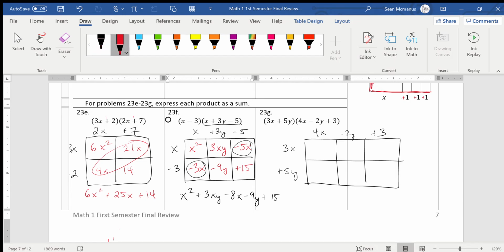And let's fill it in. So 3 times 4, so I'm going to have 12x squared minus 6xy plus 9x. And across the bottom, I'm going to have 20xy, negative 10, right? Just do the numbers first, then the variables. y squared, 15y.